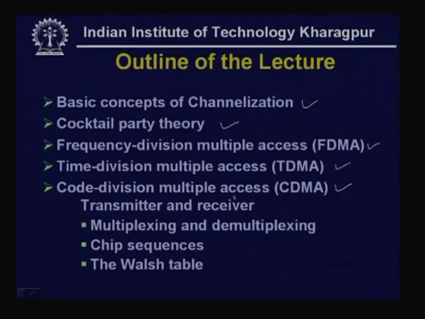And this CDMA is very complex, and we shall discuss how it is used, and particularly different aspects of it, like the transmitter and receiver, how the multiplexing and demultiplexing is done, then how the chip sequences used in CDMA are used here, and how the chip sequences are generated with the help of the Walsh table.